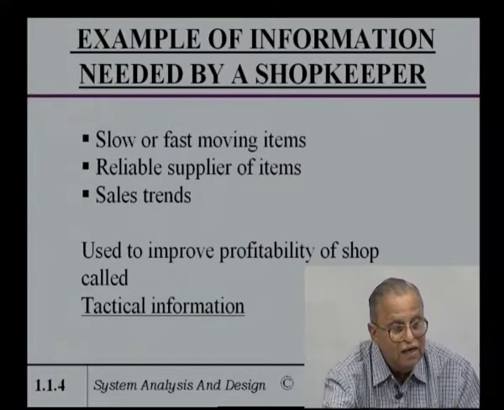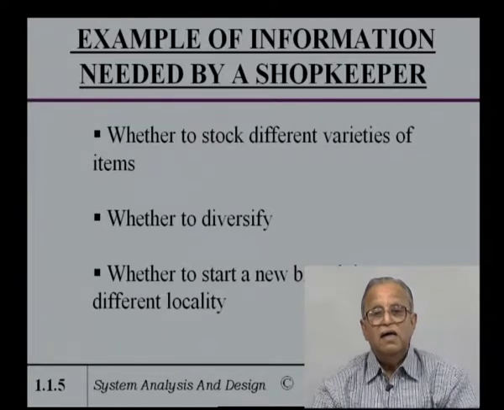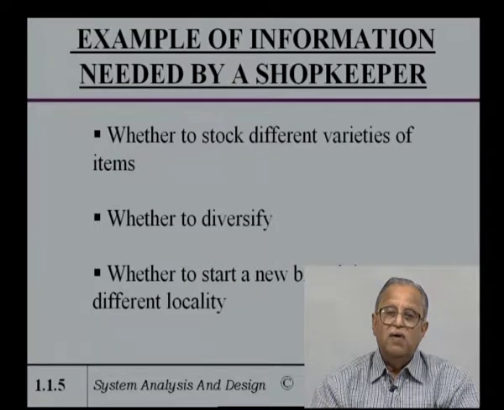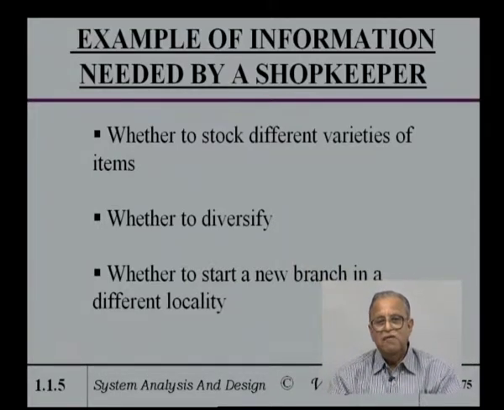The next level or higher level of what I would call the information you require is what is known as strategic information. Strategic information is information which is distilled information based on what transpired earlier or based on the operational data.